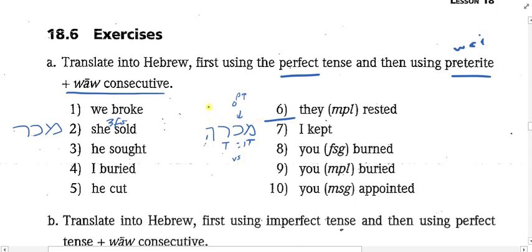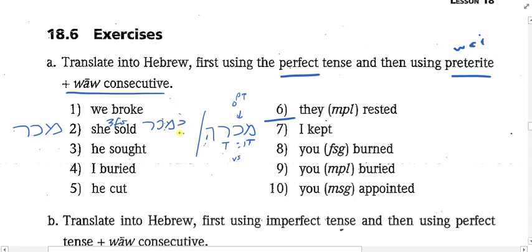Now, I can also form a past time verb using a vayiktal or a WCI form. And that means I have to create the prefix conjugation form of the 3FS and then add my special vav to the front of it. So again, I'm going to use makar, okay?